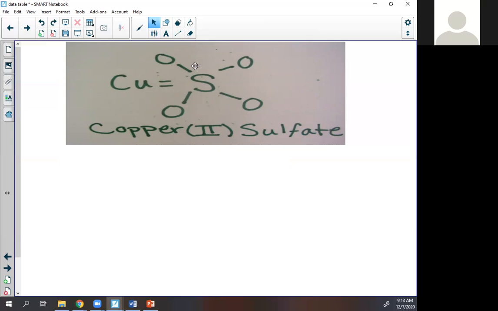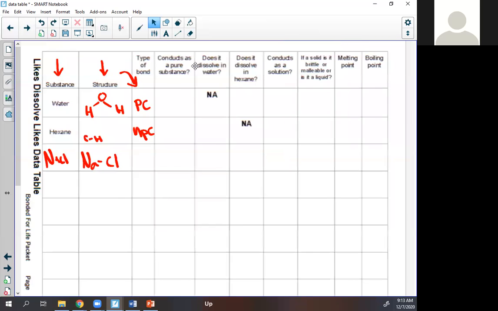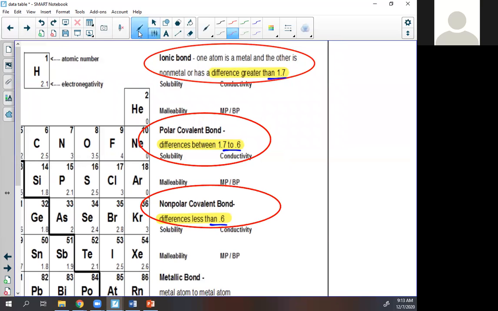Now, this one could be tricky, but if you look on your periodic tables right here, when we talked about an ionic bond, it has differences greater than 1.7, but what does this first part say?